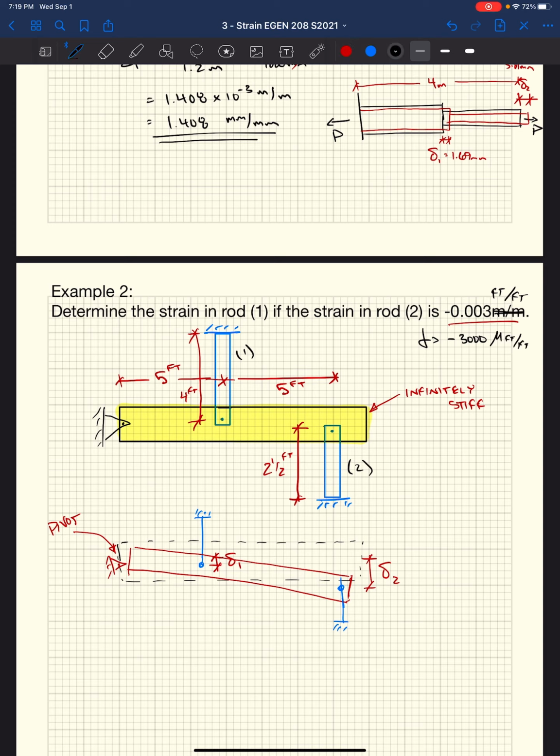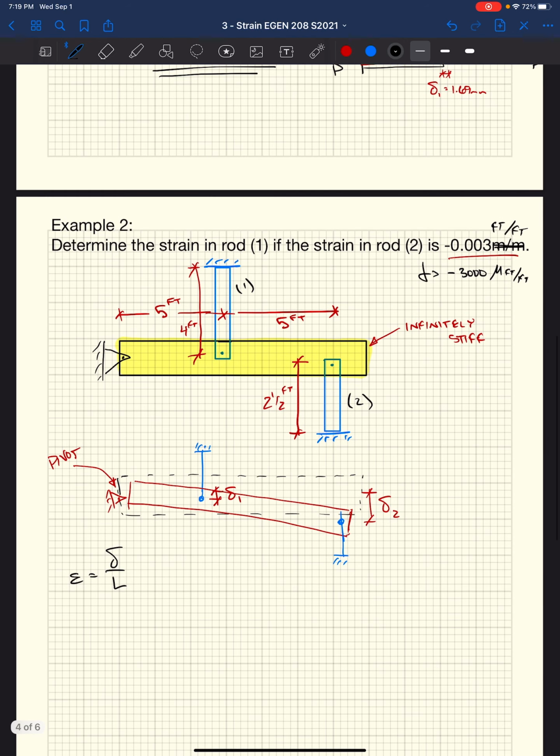We're ultimately trying to determine the strain in rod 1, knowing the strain in rod 2. Well, we start with our known equation for normal strain, which is delta over L. We can start looking at similar triangles.